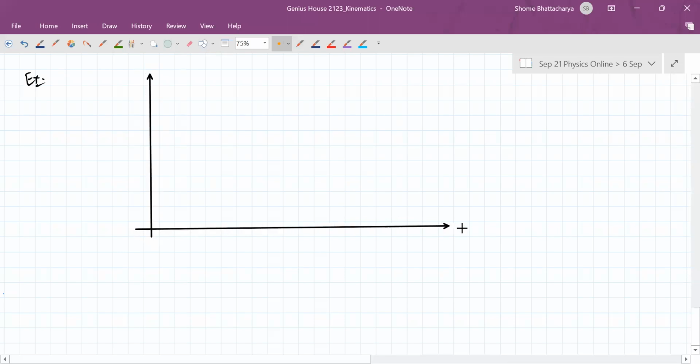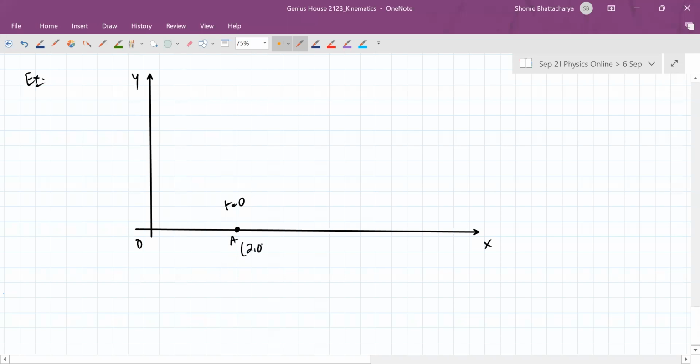So for example, next is our first case of 2D. Okay. So let's say that we have this situation that in the XY plane, at t equal to 0, A was located here, at the position 2, 0.